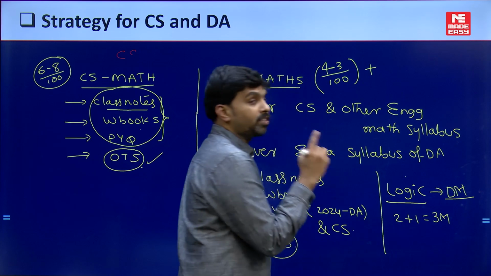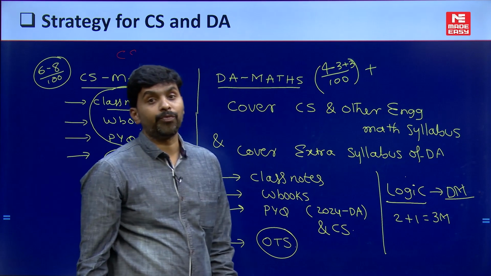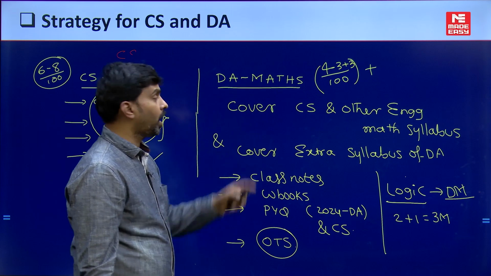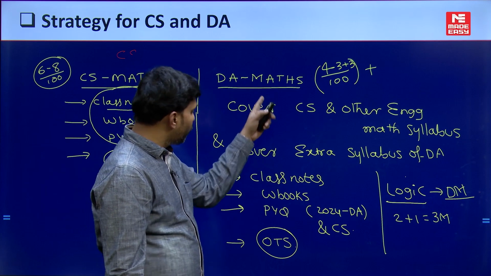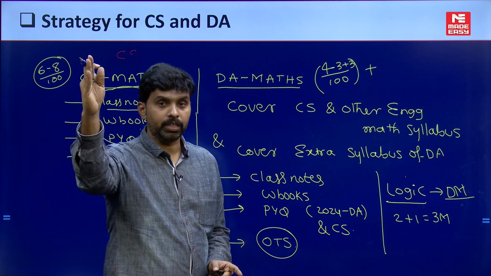So 43 plus 3, totally 46 marks you can expect out of 100. You can understand what weightage is there, so your preparation should mostly concentrate on mathematics.